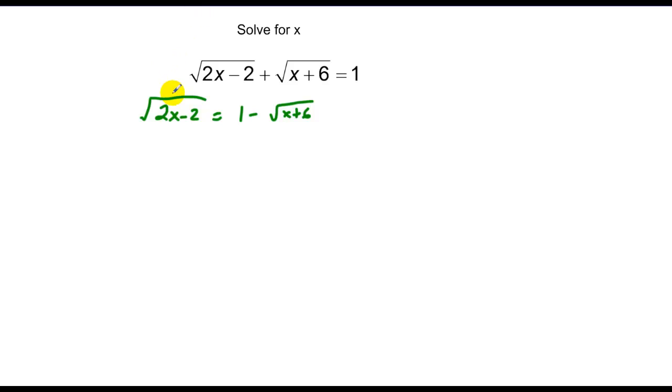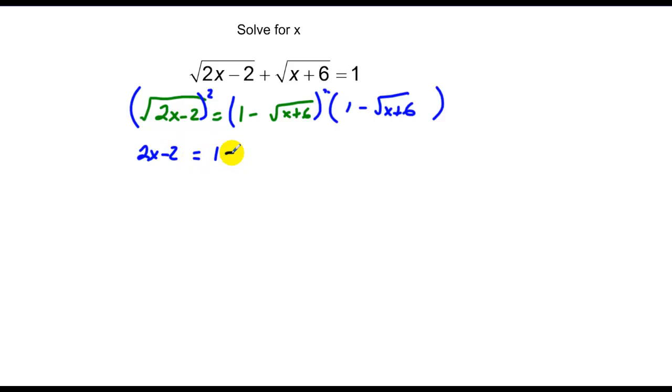Again, we'll square both sides, which means multiplying this term on the right by itself. So I have 2x minus 2 equaling 1 minus root x plus 6 times 1 minus root x plus 6. The root x plus 6 times root x plus 6 is going to be just x plus 6.